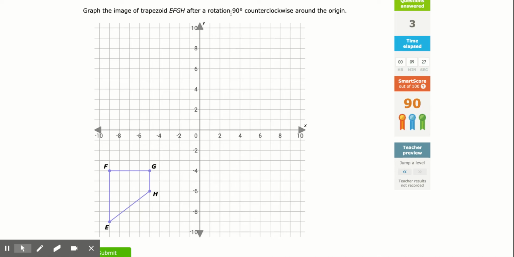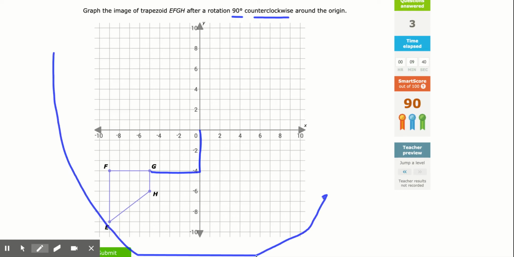They're doing 90 degrees now counterclockwise. So again, I'm just going to draw this little L shape, and if I do it 90 degrees counterclockwise, which is in this direction, okay, this vertical line here will become horizontal, and then this horizontal line will become vertical.